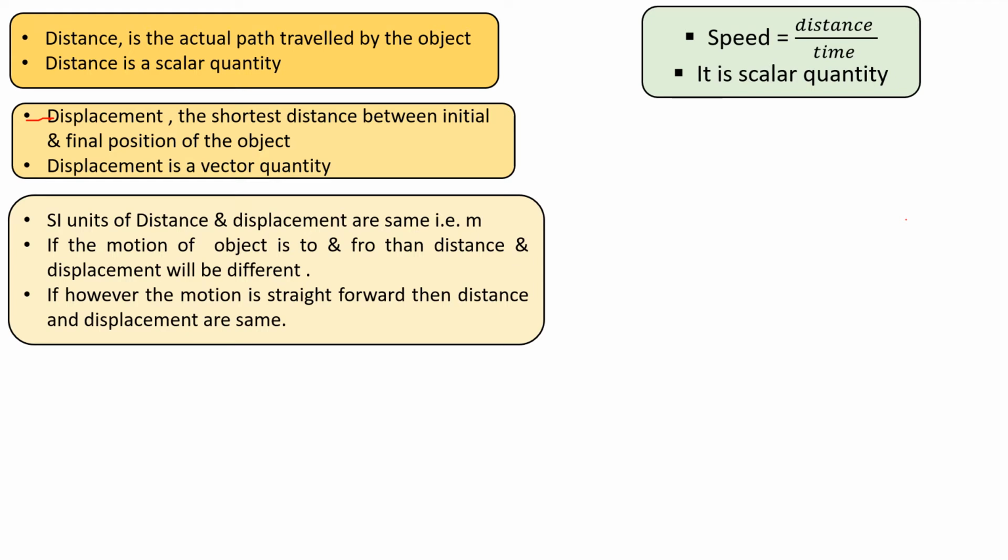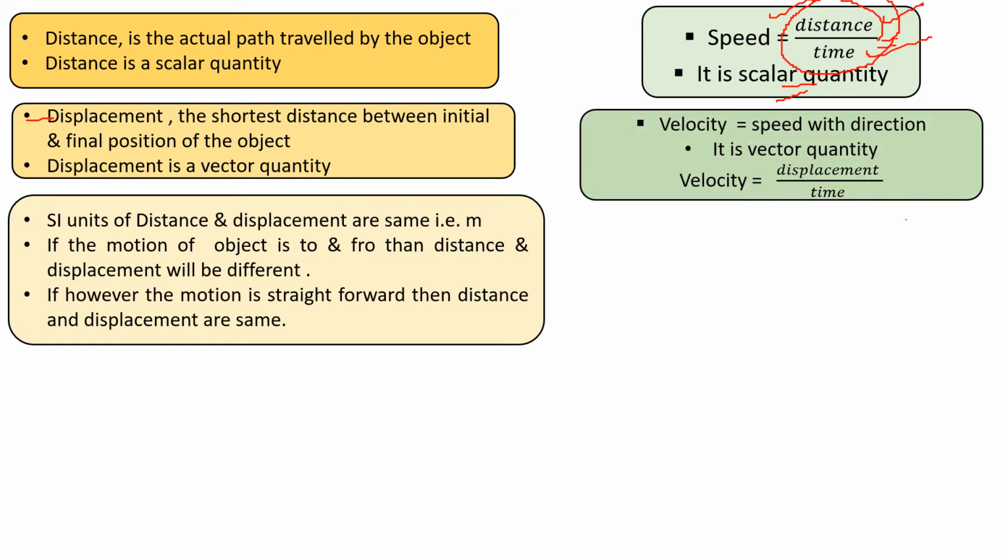So distance upon time will give the speed, and it is a scalar quantity because distance has nothing to do with direction, neither has time. So this becomes a scalar quantity. Next is velocity.